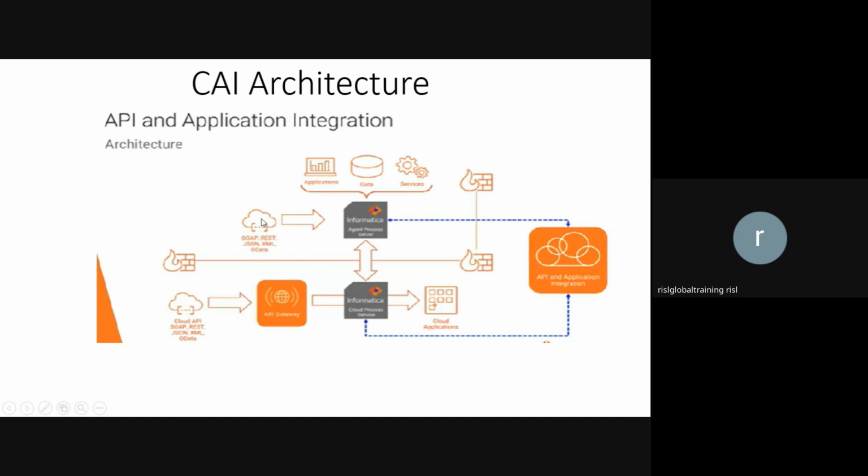These are different kinds of protocols or access specifiers that we use to access either applications, data, or services. That's what we can see as part of this Informatica agent process. And in the bottom, we can see the Informatica Cloud process, where we can get it through multiple protocols through the API gateway and get it accessible.